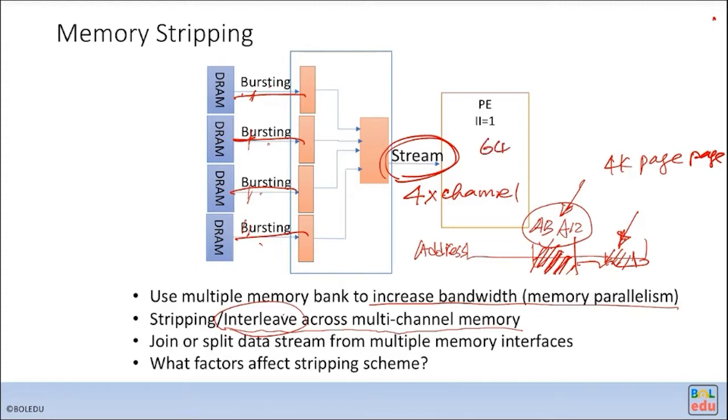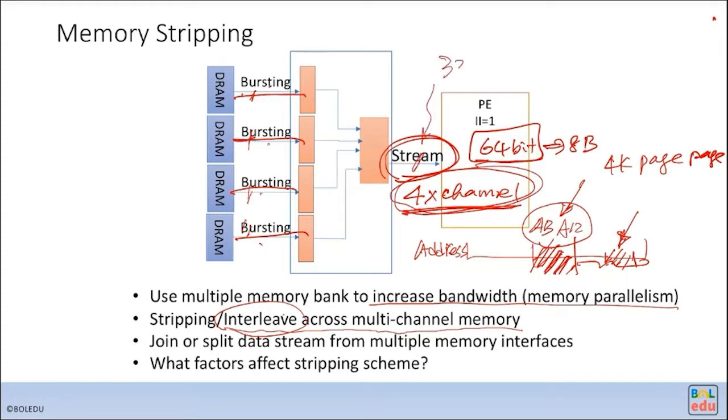Streaming size is 64-bit, that's 8 bytes, and that's 4 times the channel width. So each time you try to transfer 32 bytes. However, each cycle, each channel can only provide, because there's a 64-bit memory bus, 8 bytes.